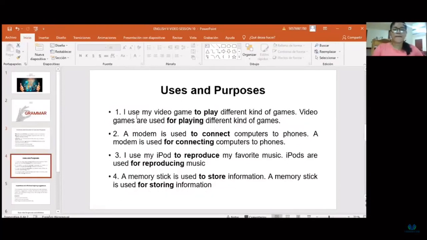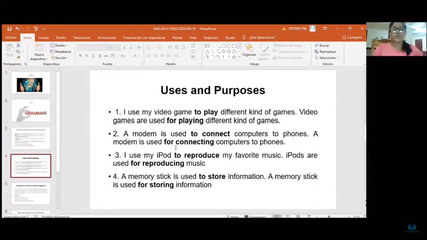What about uses and purposes? So we have 4 sentences, with an infinitive and a gerund. As you can see, example: I use my video game to play different kinds of games. The next, video games are used for playing different kinds of games. Number 2, a modem is used to connect computers to phones.